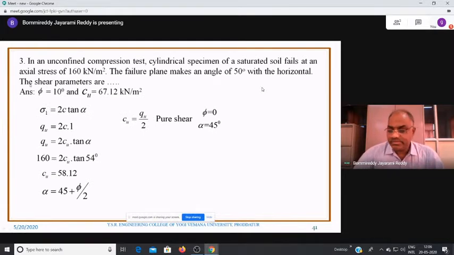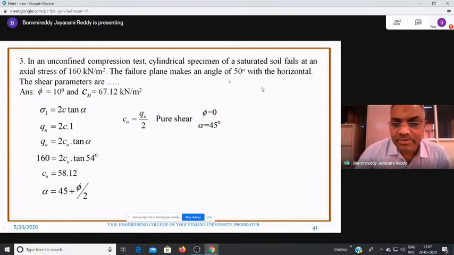Next one, an unconfined compression test. Remember, the unconfined compression test is a very simple test. A cylindrical specimen of saturated soil fails at an axial stress of 160. Axial stress means qu. qu is nothing but 160 kilonewton per square meter.